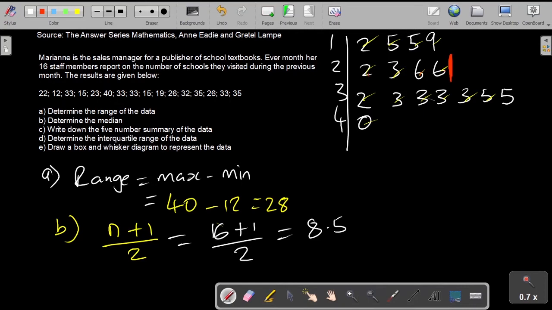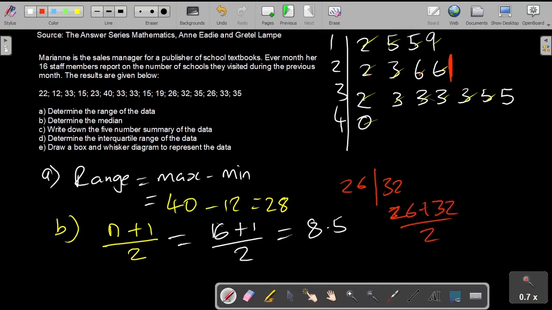Now, since we have an even number of elements, you expect to add two values and divide by 2. The values are 26 and 32. As you can see, the red line is in between 26 and 32. So you're going to add these two numbers, then divide by 2 to find your median.